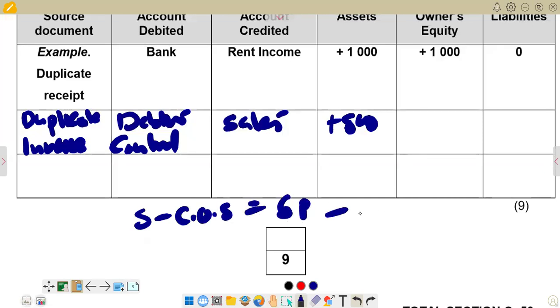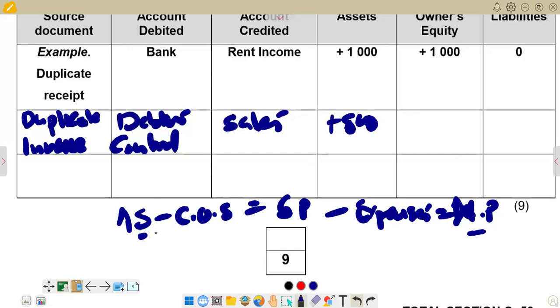And then when you subtract expenses, gross profit minus expenses, that's when you get your net profit. This net profit figure is going to adjust the figure for owner's equity. So if net profit increases, it also increases owner's equity. So the sales that we have created here, if they increase, also increase our net profit, and net profit increases owner's equity. So an increase in sales also increases owner's equity.